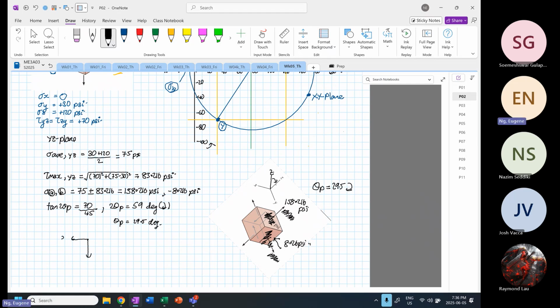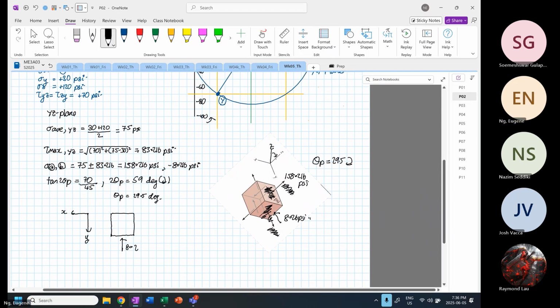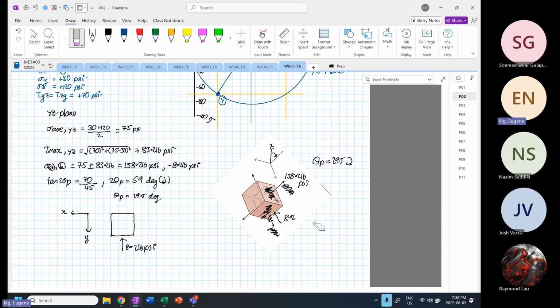So this is X, this is Y, and this is how the element looks like in the XY plane, right? And then we have a compression of 8.216 psi. Okay, 8.216.